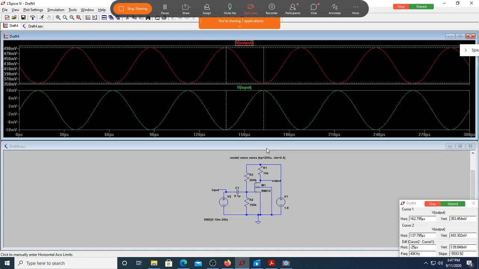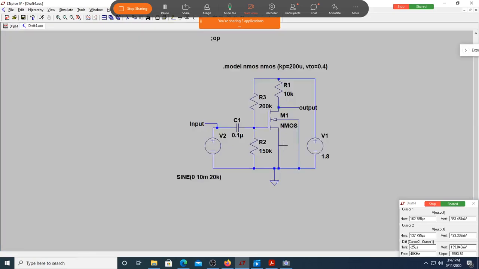Greater than what? How much is VGS first? Is the MOSFET in saturation, linear or cutoff region? One of you tell me.